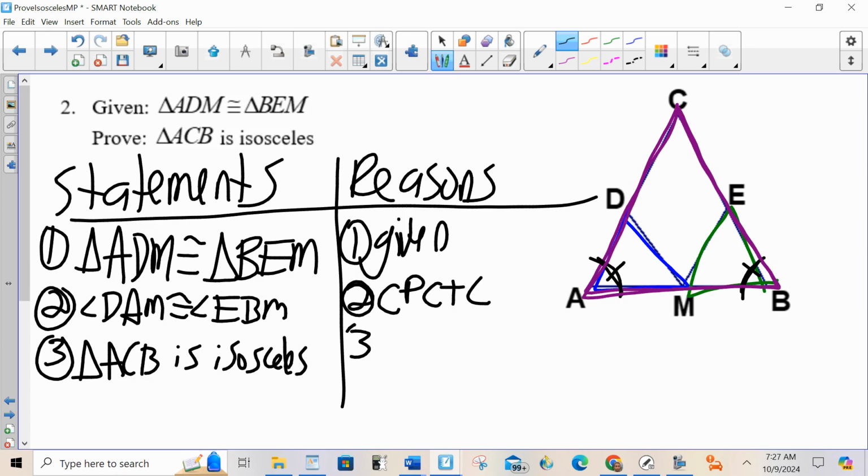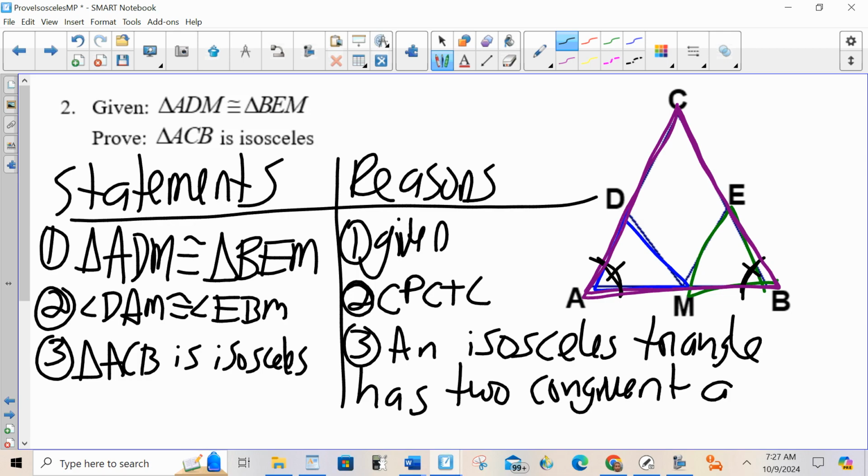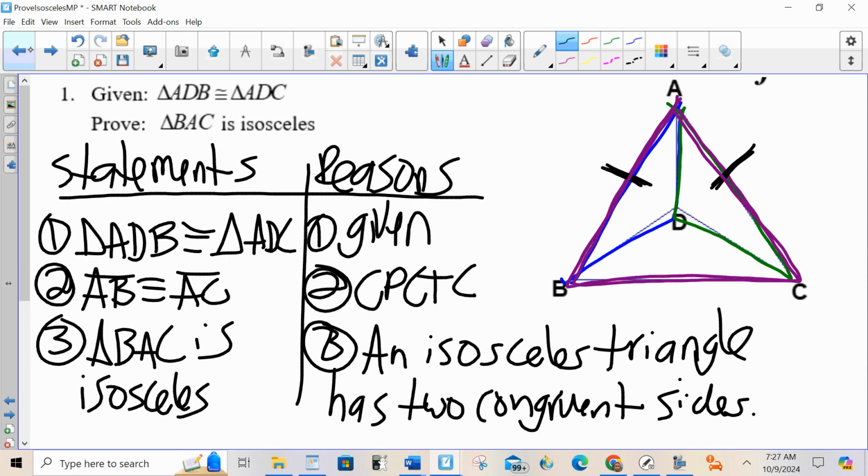And the reason: an isosceles triangle has two congruent angles. In this case, I use CPCTC to state angles, so I'm going to say it has two congruent angles. In the last example, I said it had two congruent sides, because I marked two congruent sides.